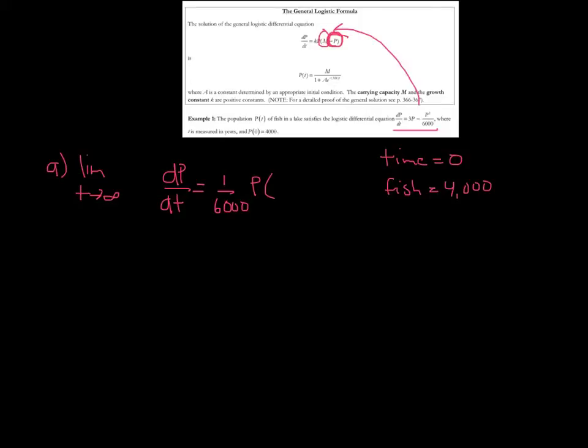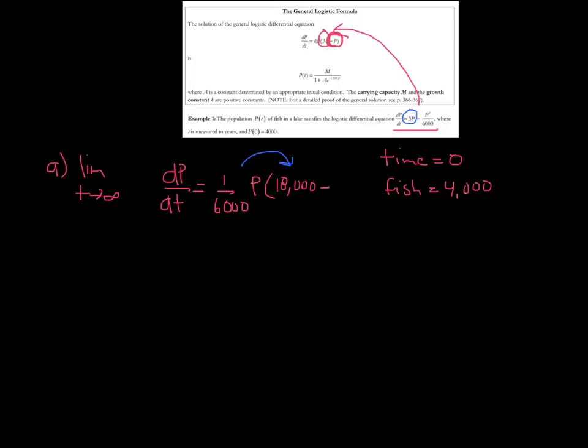Notice the 3P right there. You have to think, what do I need to put so that when I distribute this back in, I get 3P? Well, that's just going to be 18,000.